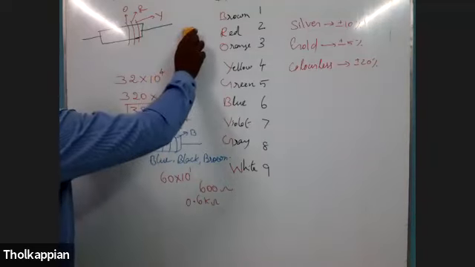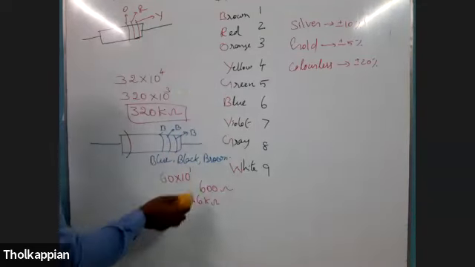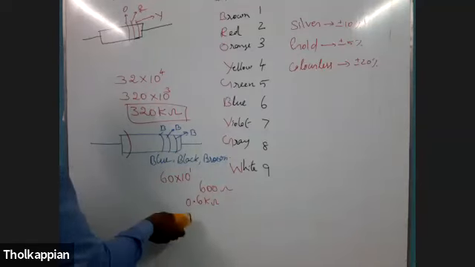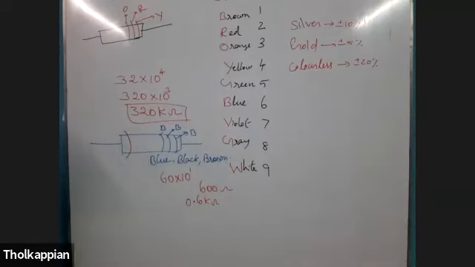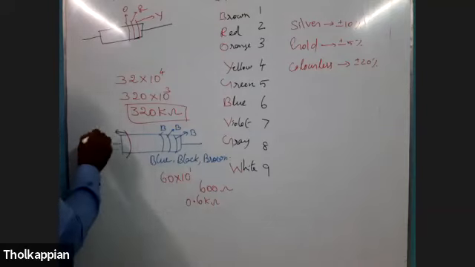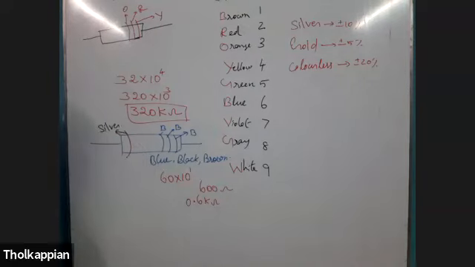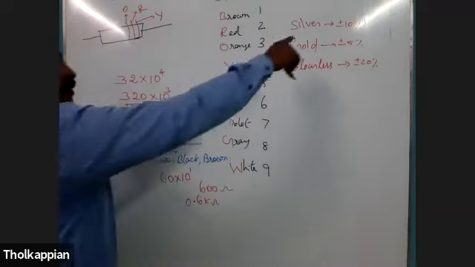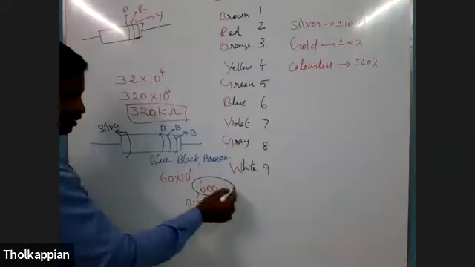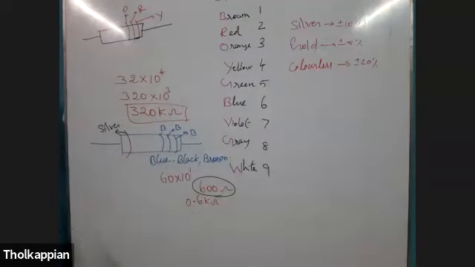What is the meaning of this reliability? How much the resistance can be used? We can explain this by using this example. Think that this is silver color. Silver color value is plus or minus 10%. The total resistance is 600 ohms.